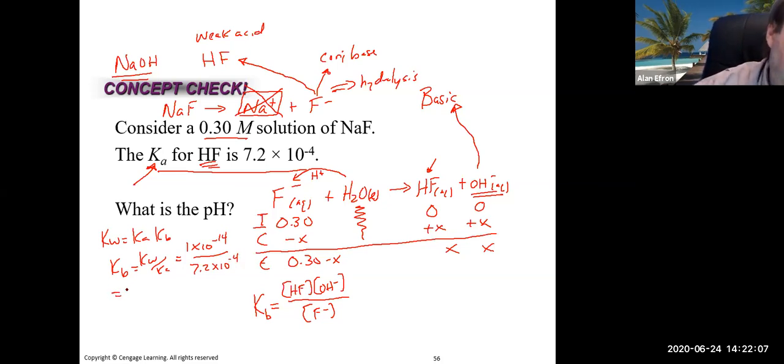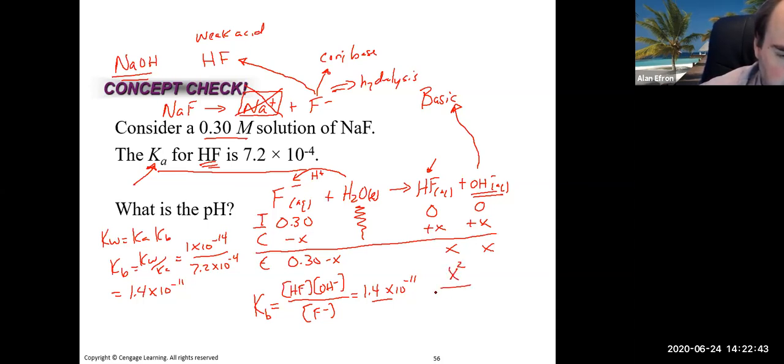That's going to give us a Kb value of, we'll call it, 1.4 times 10 to the minus 11. So that is the number that we want to make sure that we use here. Again, because we produce hydroxide, we should be using a Kb value. Even though you're tempted to use that Ka value that they give you, you need to make sure you're using Kb in this case.